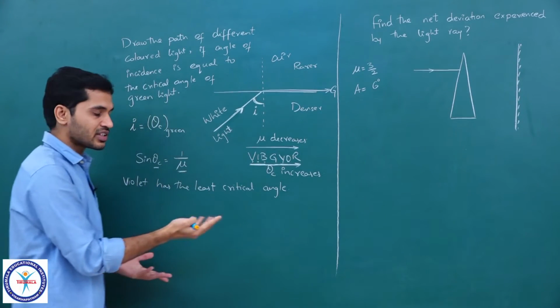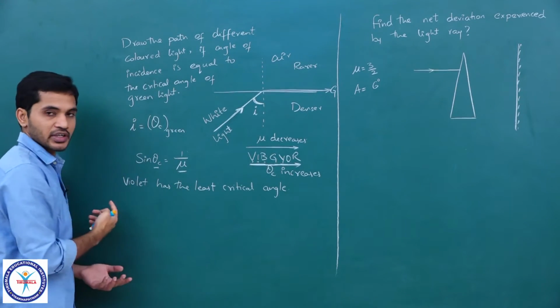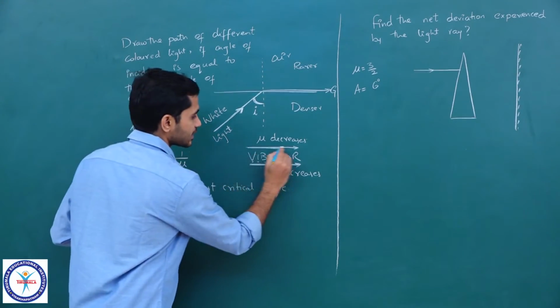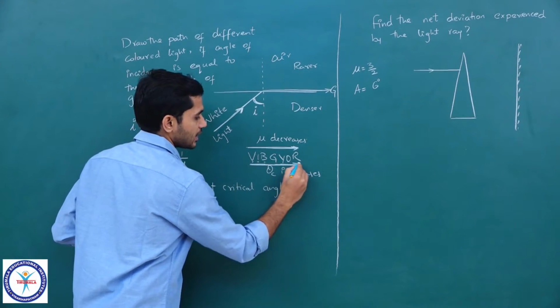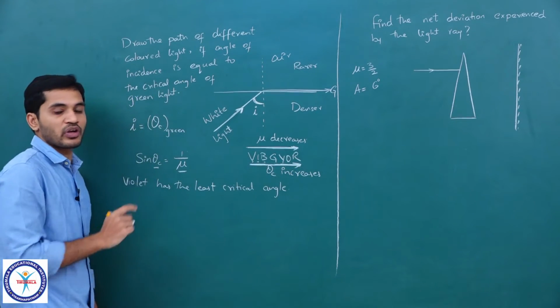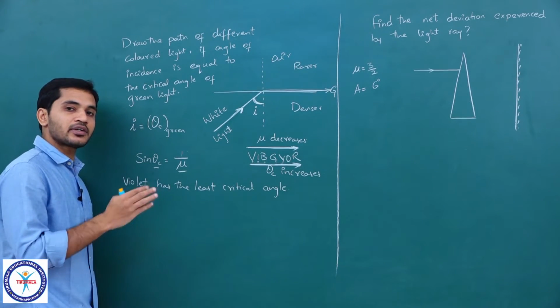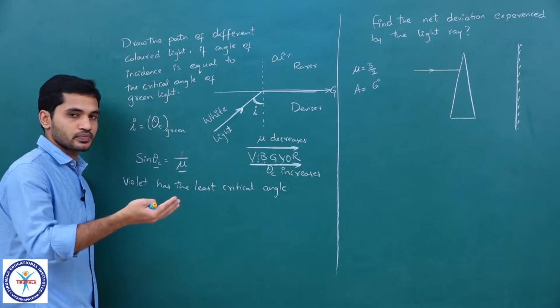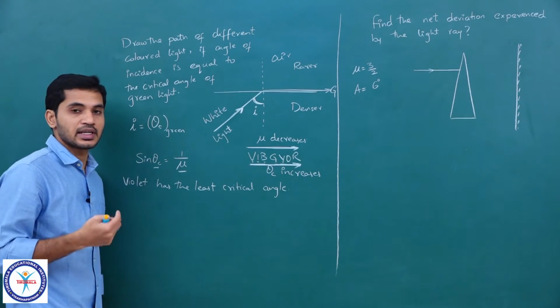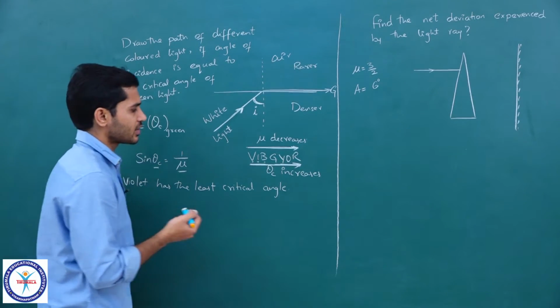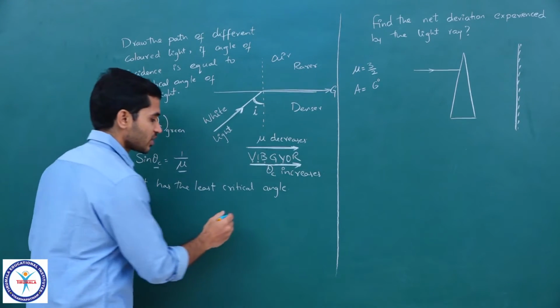We can't say they are inversely proportional, but this is the relation. Now, we have been using this concept every time: the chances for TIR to take place will be more if theta c is less. Let us understand this by using some values.